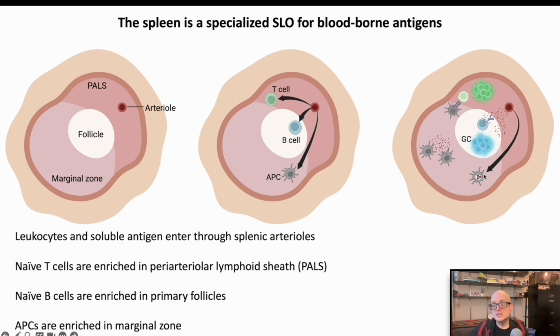That soluble antigen can also be taken up by antigen-presenting cells within the marginal zone, which can then migrate close to the PALS region, to the lymphoid sheath where the naive T cells are, and present that antigen to the naive T cells, where they themselves then, again, will become activated and undergo a process that we call clonal expansion.